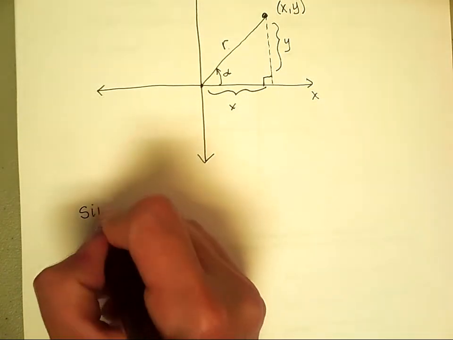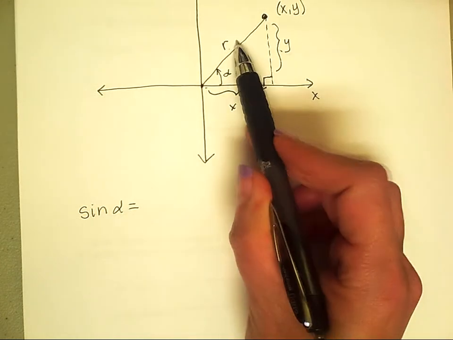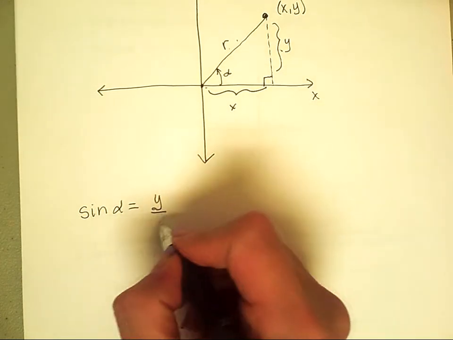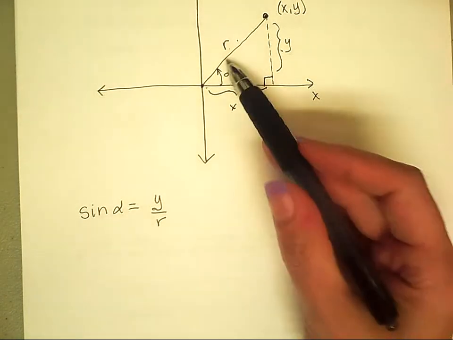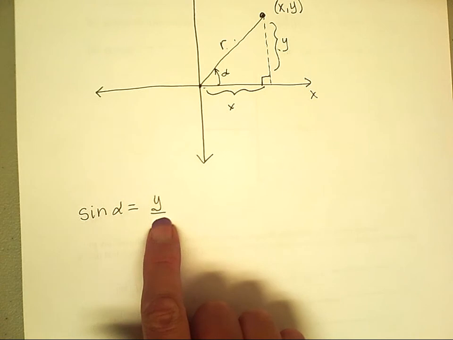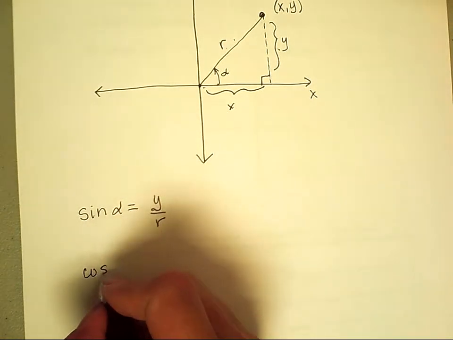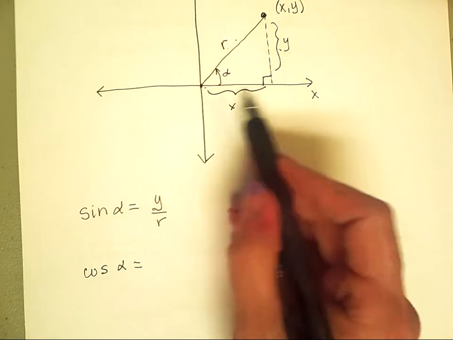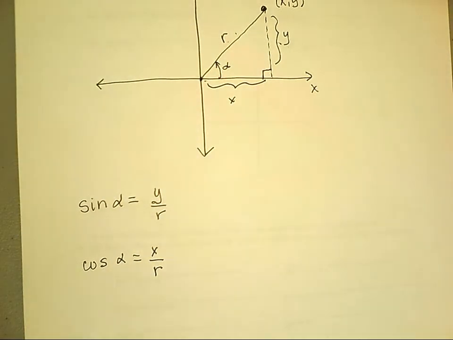Okay? Now let's find out what the sine of alpha is. The sine of alpha has to be the opposite over the hypotenuse, y over r. Now if you're on a unit circle, notice r is 1, so we just have y divided by 1, which is just y, which is what we've been working with. The cosine of alpha is the adjacent over the hypotenuse, which is x over r.